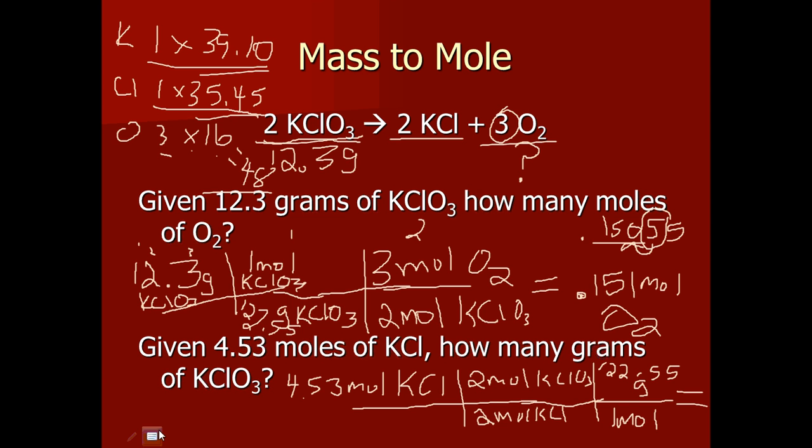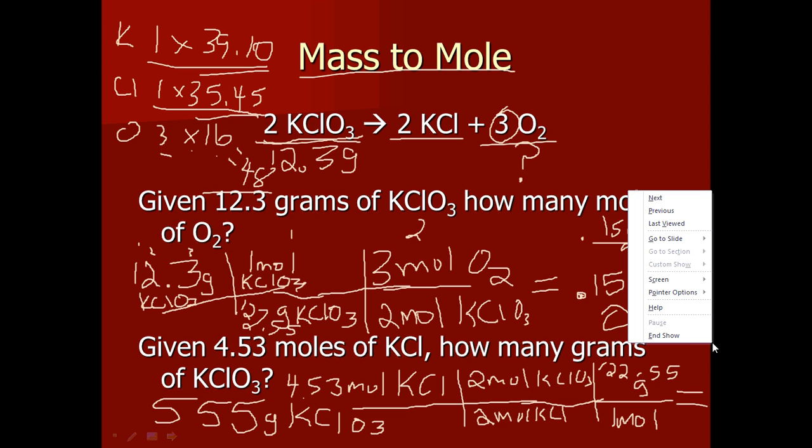But since I only want 3 significant figures, my final answer is going to be 555 grams of KClO3. Okay? That's the gimmick of mass to mole, or mole to mass, of the two-step variety. Okay?